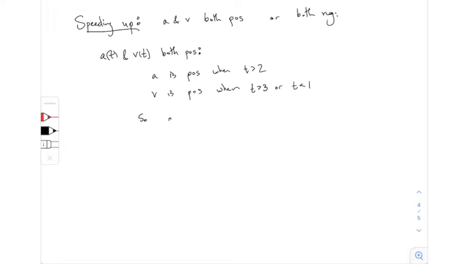So A and V are both positive when, can anyone say more simply? I mean, according to what I said, it's when t is greater than 2 and t is greater than 3 or t is less than 1. What would that all be if we combine it all into a single thing?